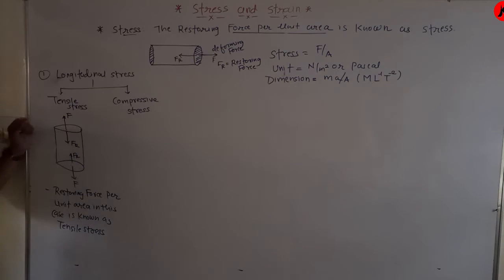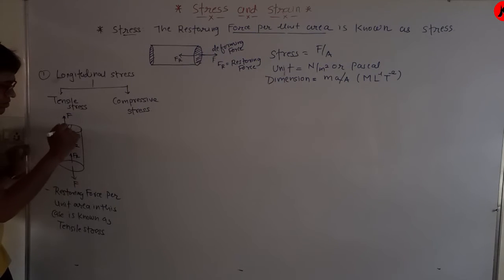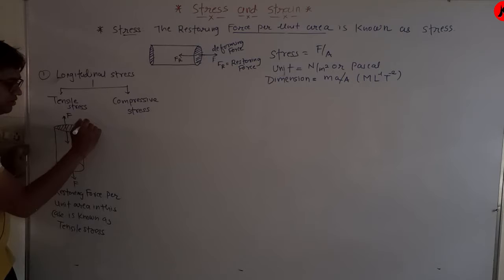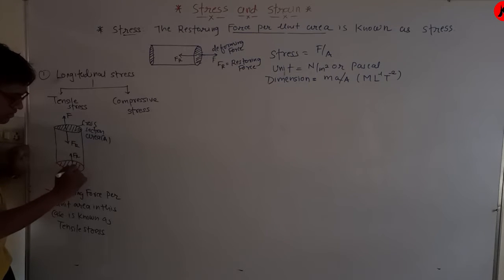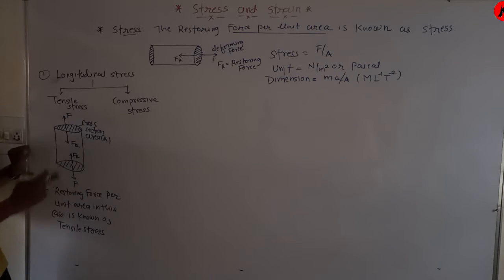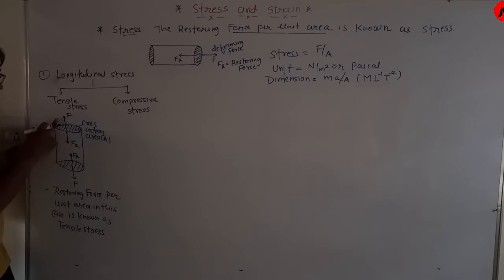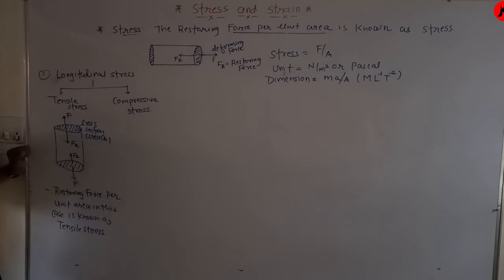But keep in mind, this force is normal to the cross sectional area, this is the cross sectional area of cylinder, and here also this is the cross sectional area of cylinder. This force must be normal, normal means perpendicular, to this cross sectional area in case of tensile stress.